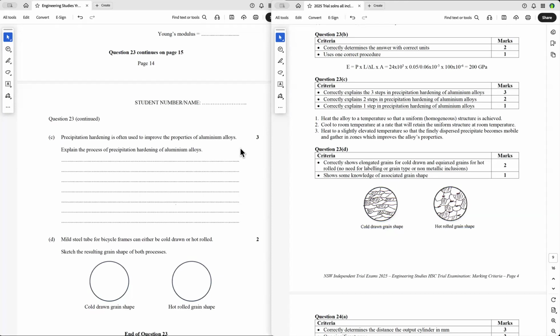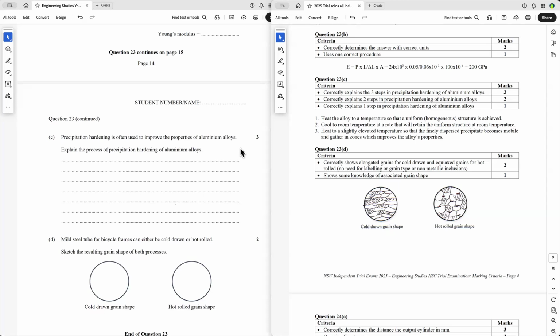And at room temperature, it's in a state of metastable equilibrium. The atoms don't want to be where they are, and so you can either let it age harden so that the finely dispersed precipitate becomes more mobile and they gather in zones in a certain amount of time, or you can heat it lightly and it will put more energy into the system, and the precipitate will form into these zones.